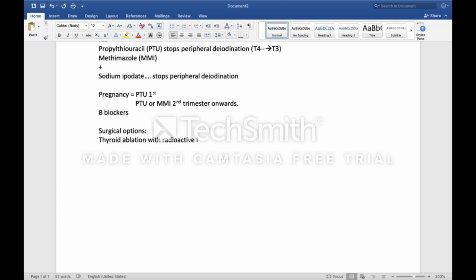I is for iodine, and it is 131. Okay, of course this 131 should be like this.